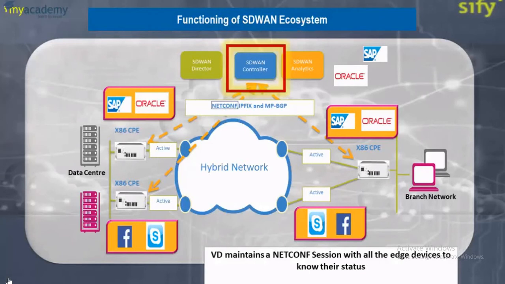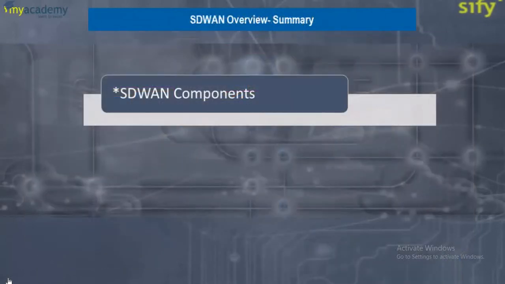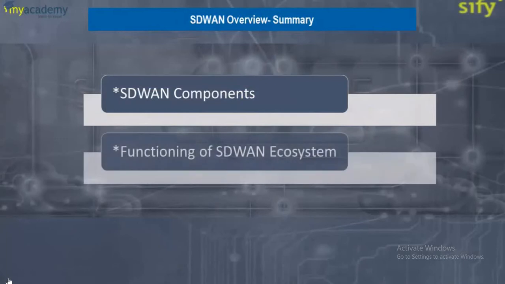All the NETCONF sessions from the director happen over secure IPsec from the controller to the edge device. You can Google to read much more on NETCONF and its functionalities. So this is on a high level: we discussed what the SD-WAN components are and how they function.